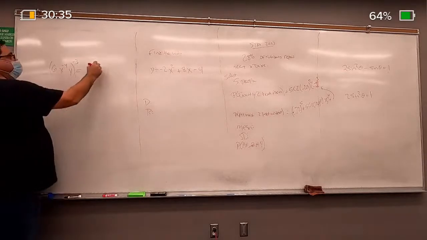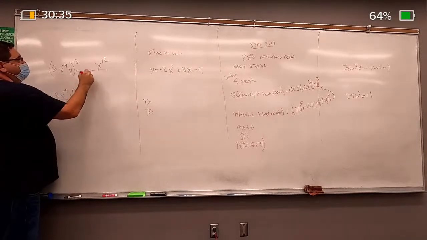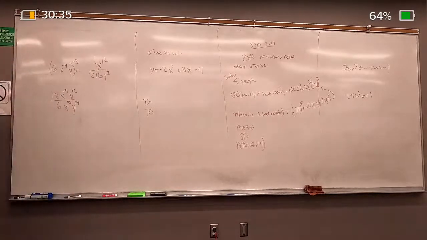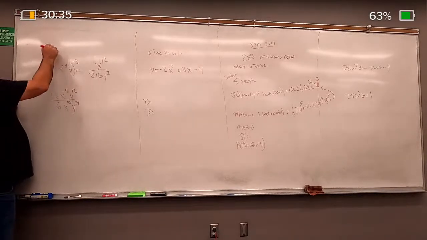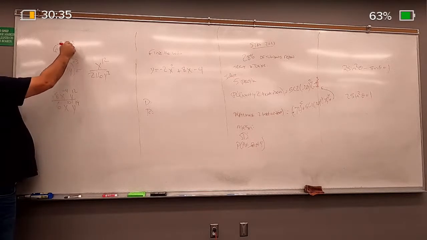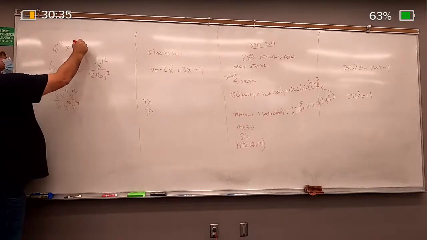She said x to the 12th over 216 y to the third. So you don't want to put the 216 on the top, because this is going to be 6 to the negative 3, x to the 12th, y to the negative 3.